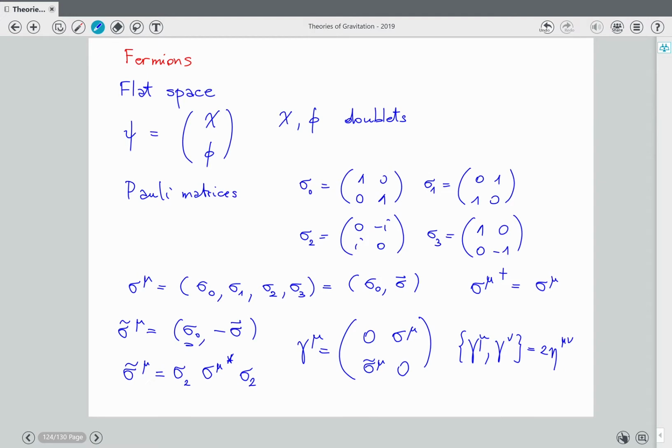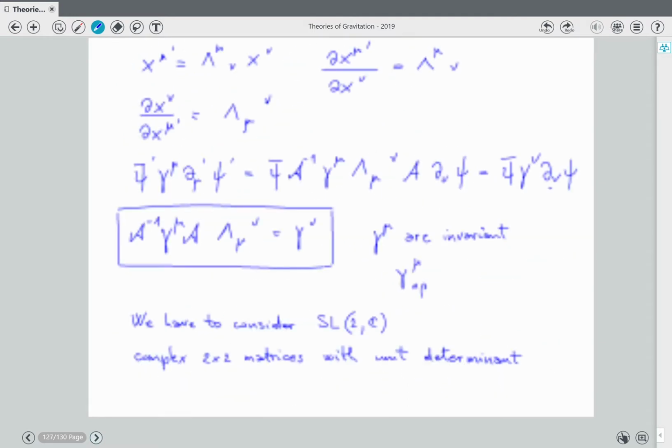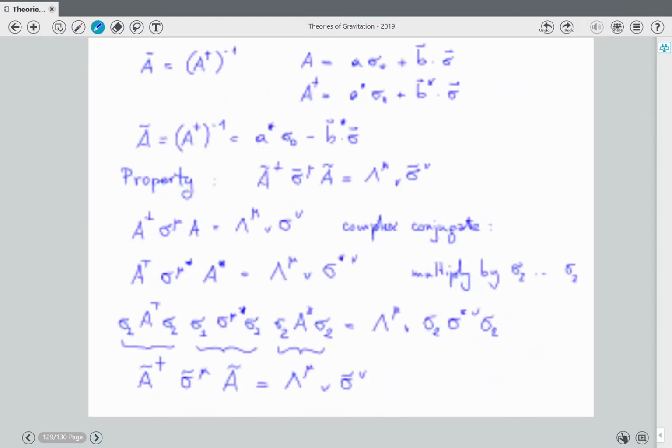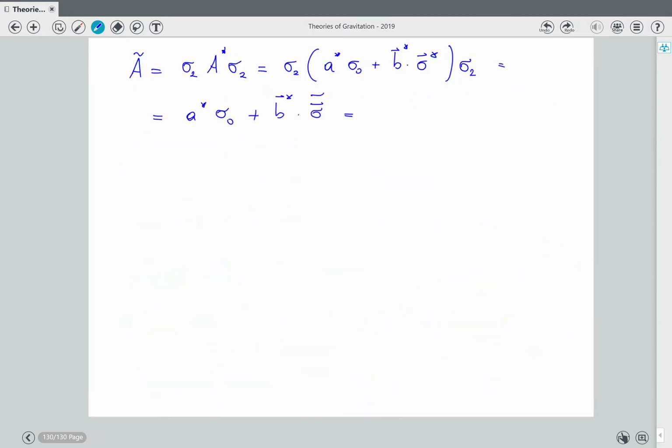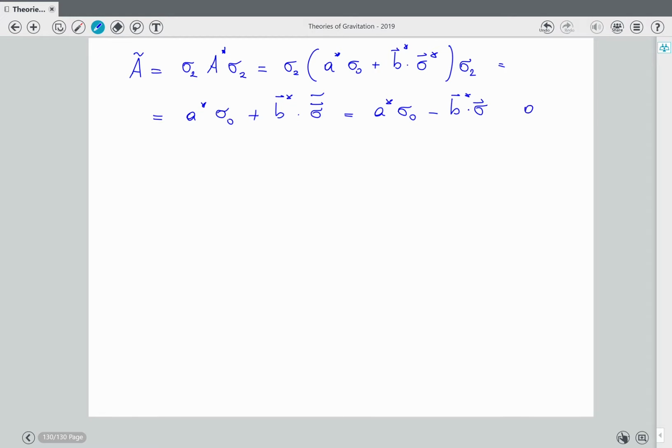And this is invariant. So you get A star sigma 0 minus B star sigma, and that is precisely what we wanted. So this is okay.